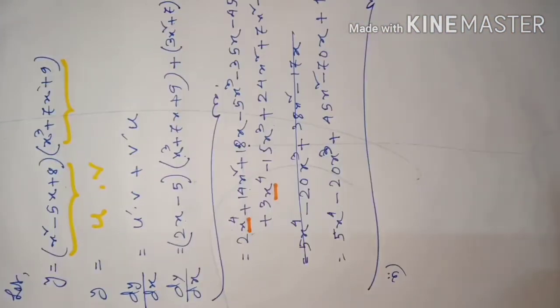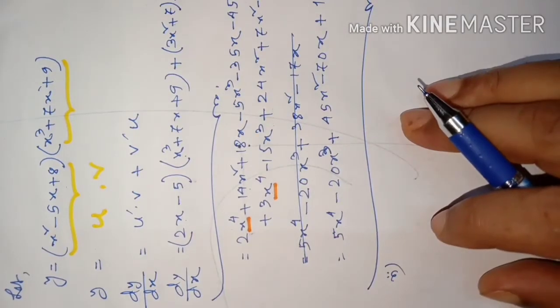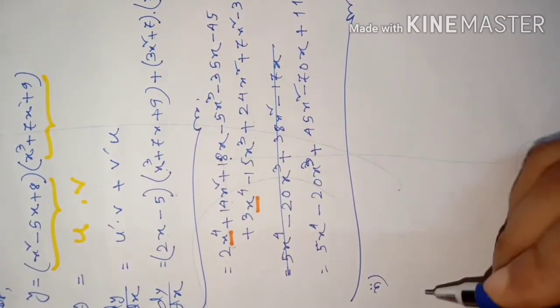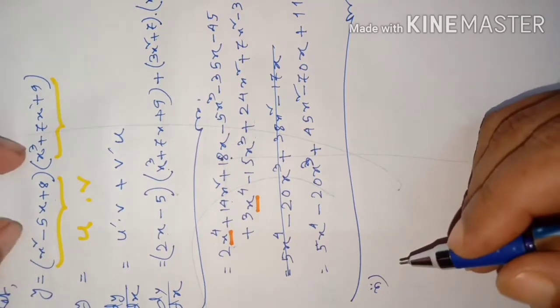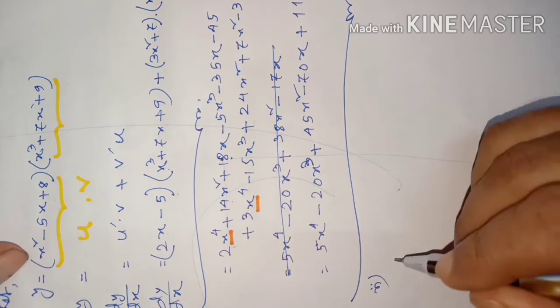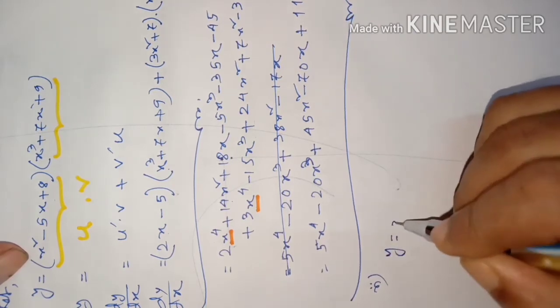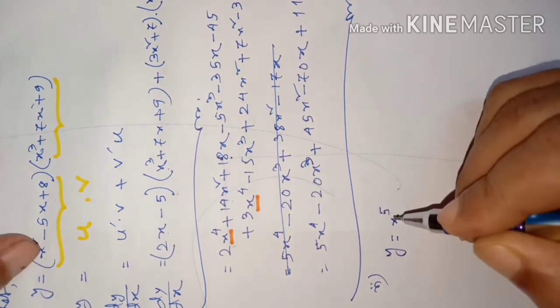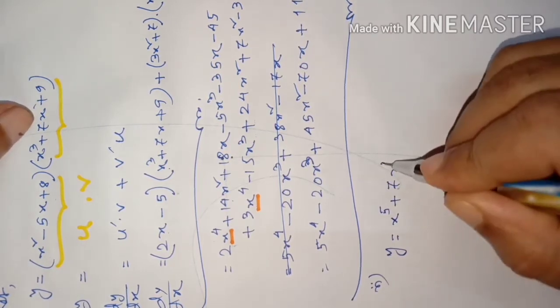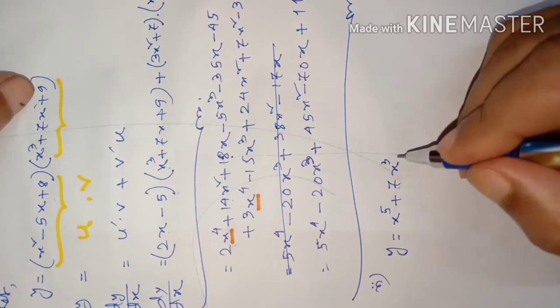Next 17.2, you have to multiply, first finding the product, then you again differentiate, expanding the product to obtain a single polynomial. If we expand this, x square into x cube will be x to the power of 5. x square into 7x, that will be plus 7x cube. Then x square into 9, plus 9x square.